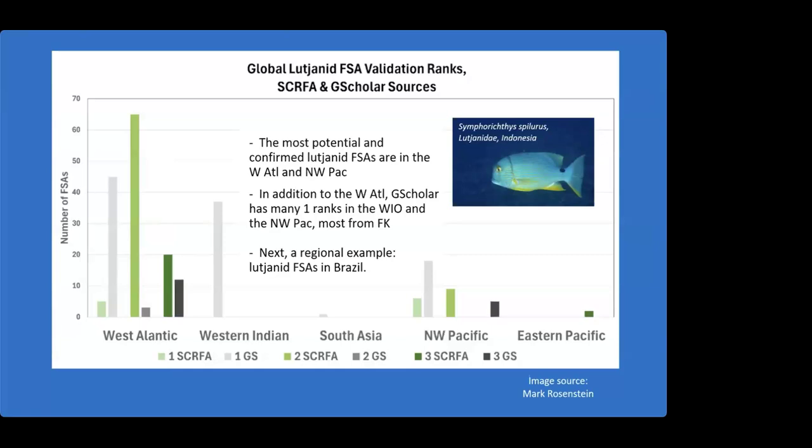In addition to the West Atlantic, Google Scholar has many 1 ranks in the WIO, West Indian Ocean, and the NW, Northwest Pacific, most from fisher knowledge, shown in the plots in gray for Google Scholar as 1s. Next, we're going to look at a regional example of Lutjanid FSAs in Brazil.